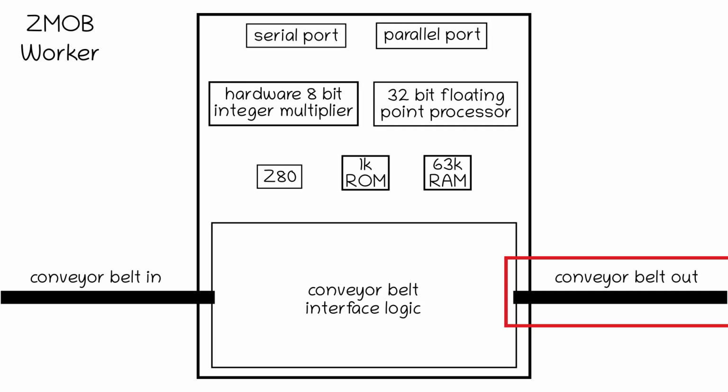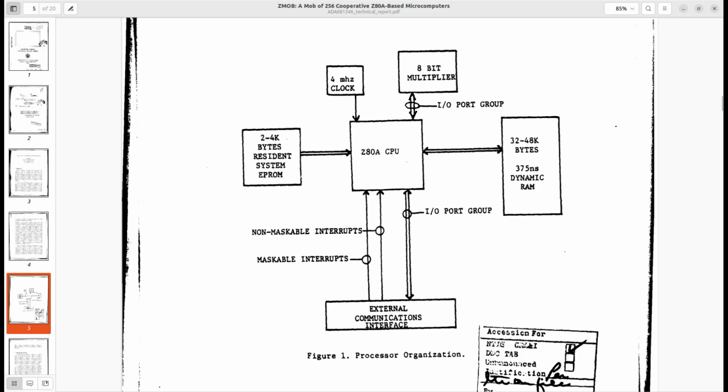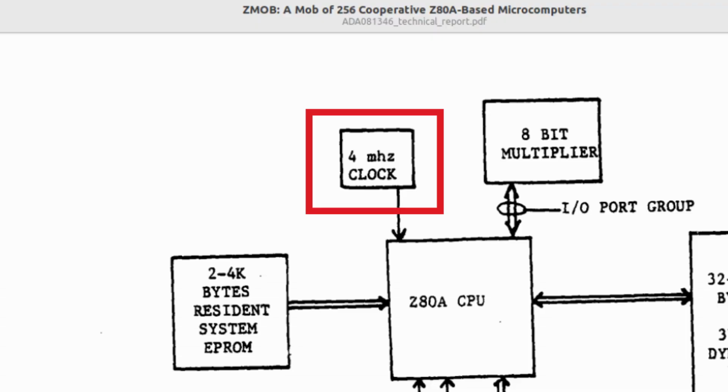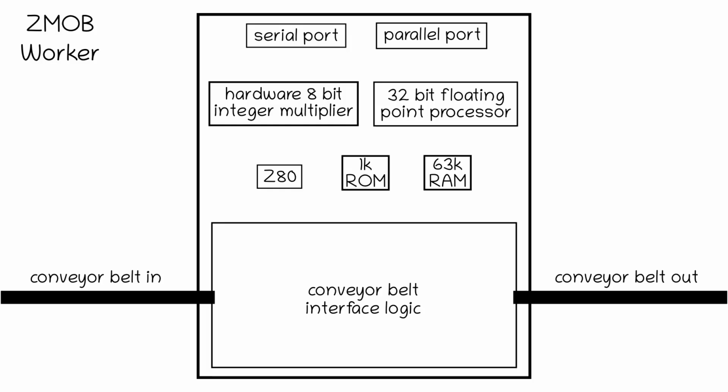Next, we have the Z80, and on the ZMOB, this is a 4 MHz Z80. Then you've got 1K of ROM and 63K of RAM. There's also a hardware 8-bit integer multiplier and a 32-bit floating point coprocessor. And lastly, there's a parallel port and a serial port.